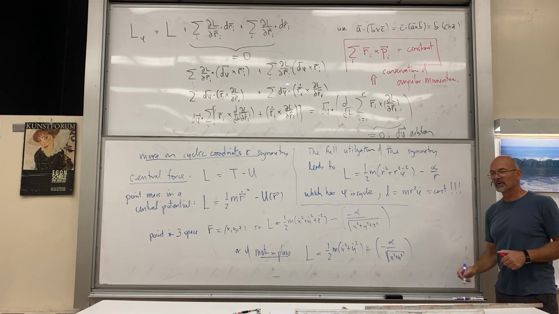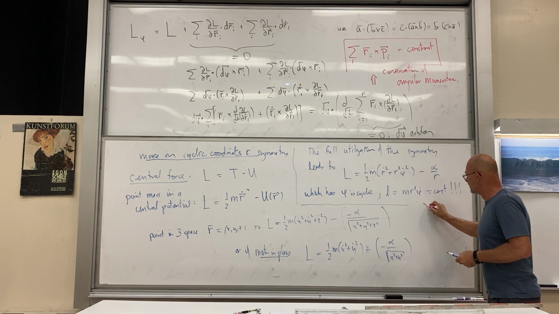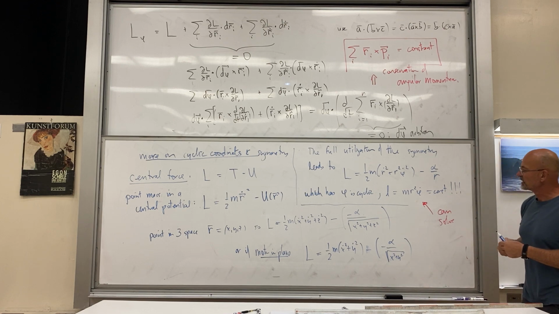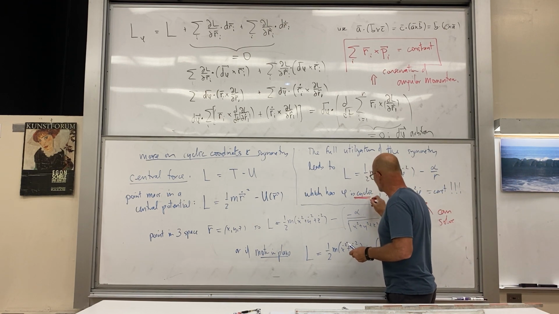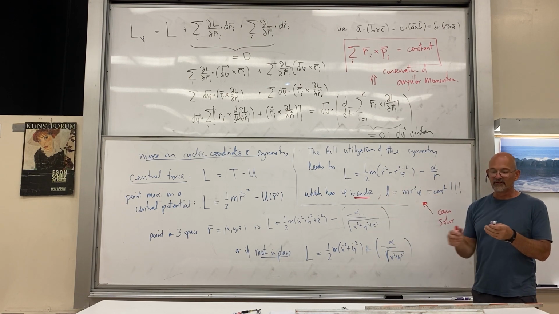Triple exclamation point. So this is the point at which you can actually solve. We can solve the problem. So the symmetries, the conservation laws, but then the cyclic coordinates, which are the explicit reflection of that, are absolutely important in solving anything.